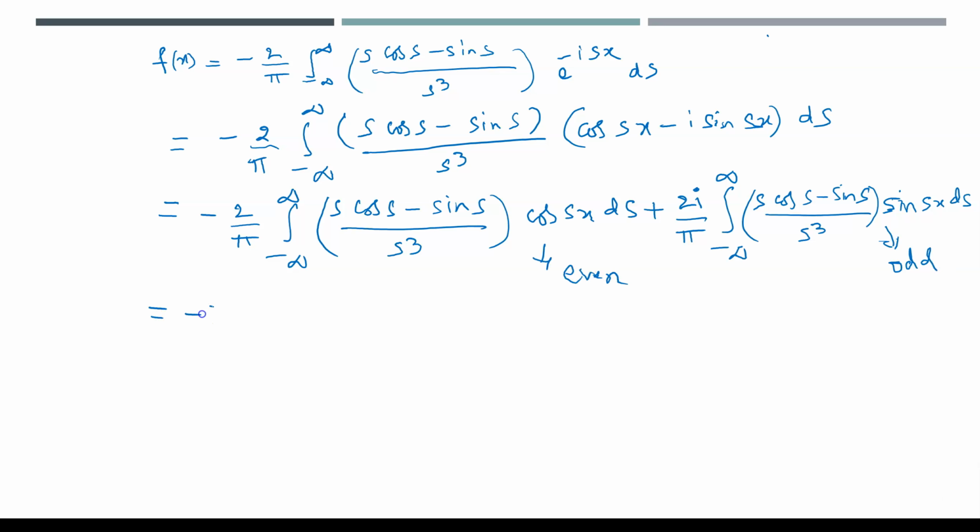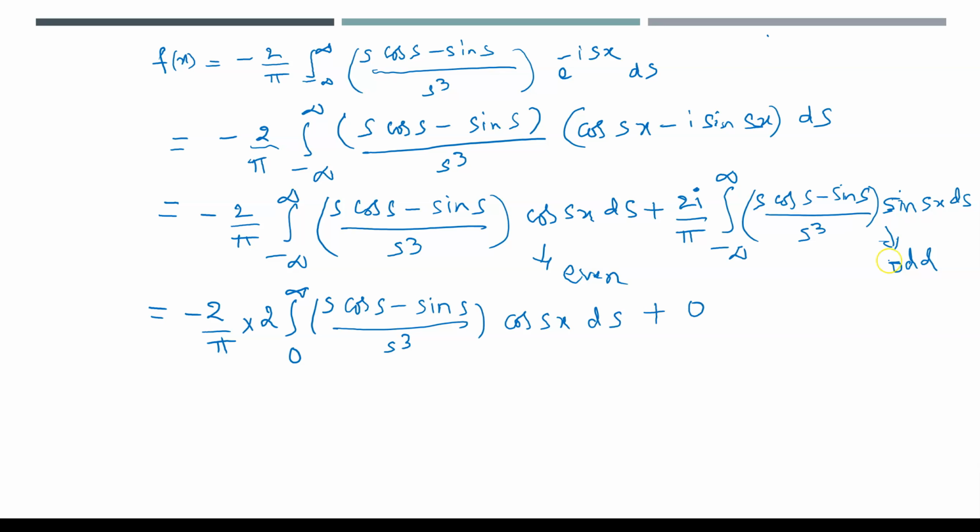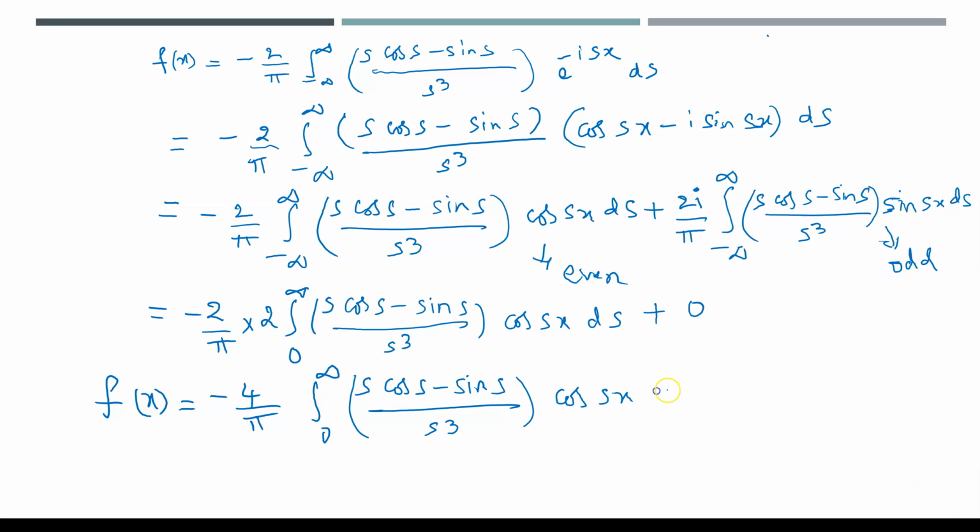So according to the definite integration formula, this becomes 2 integral 0 to infinity s cos s minus sin s upon s cube into cos sx ds plus 0, because this function is odd. So the value of this integral will be 0. Now this gives minus 4 by pi integral 0 to infinity s cos s minus sin s upon s cube into cos sx ds.